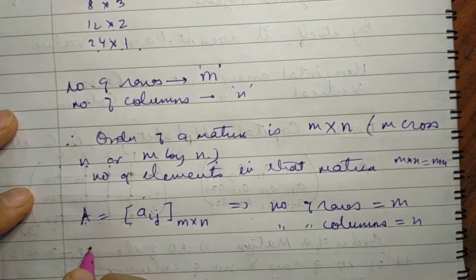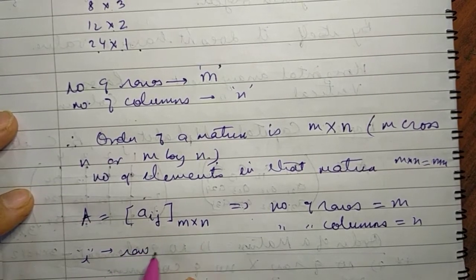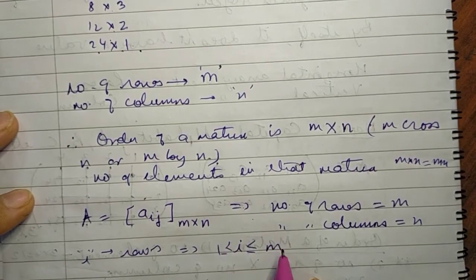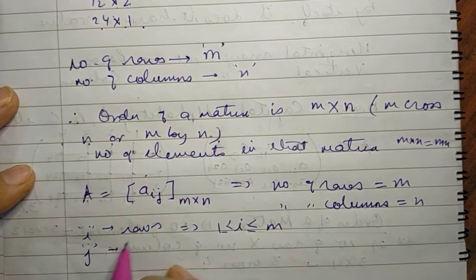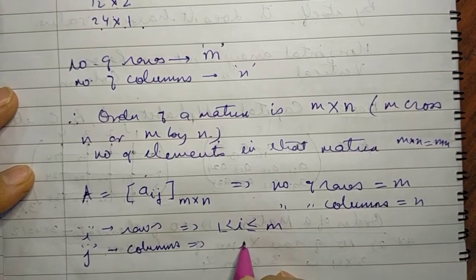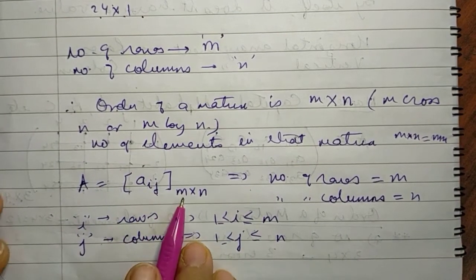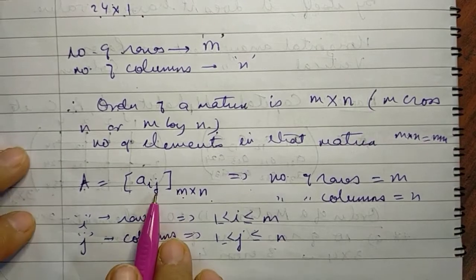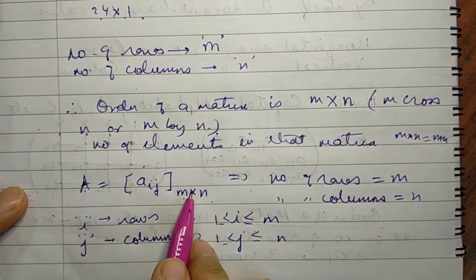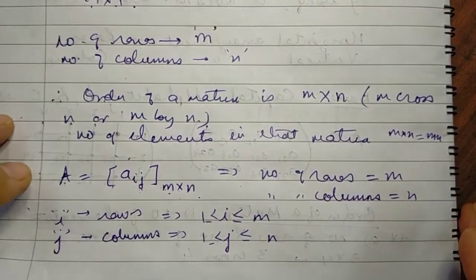And i usually refers to the rows, so it means i lies between 1 and m, and j, the second index, refers to columns, so j will lie between 1 and n. So it will have m rows, n columns, and this is the short form of writing the positions of the elements belonging to that matrix.